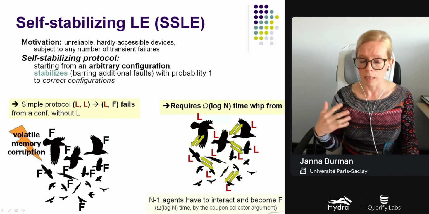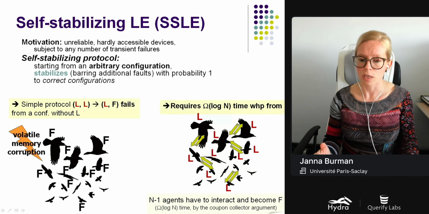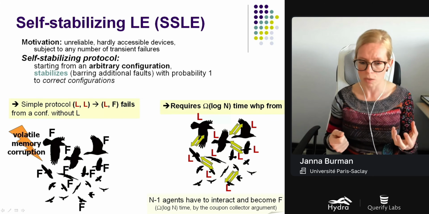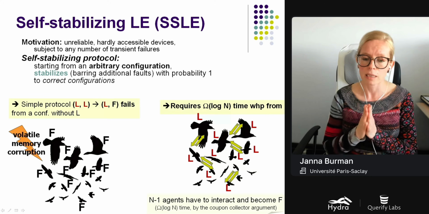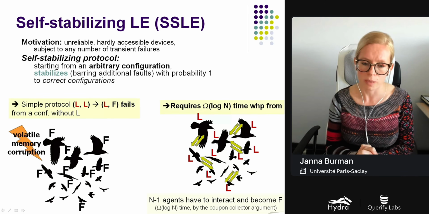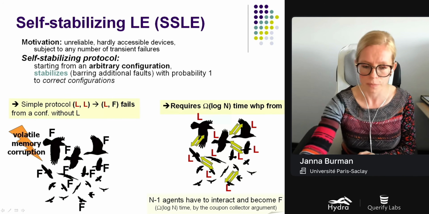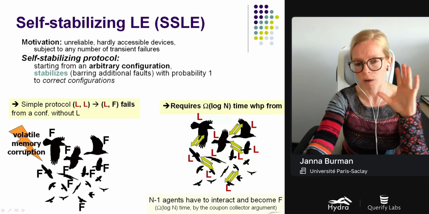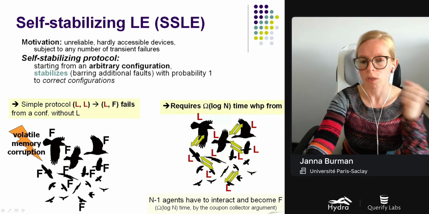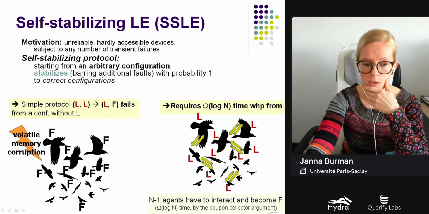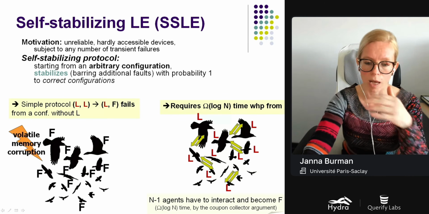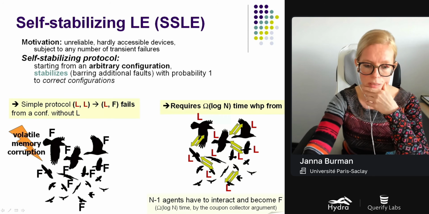With a random scheduler, we can show using a coupon collector argument that it takes logarithmic time. So we know that our goal is to achieve this time. We would like to make it as fast as possible, so I will show you an algorithm that does this.